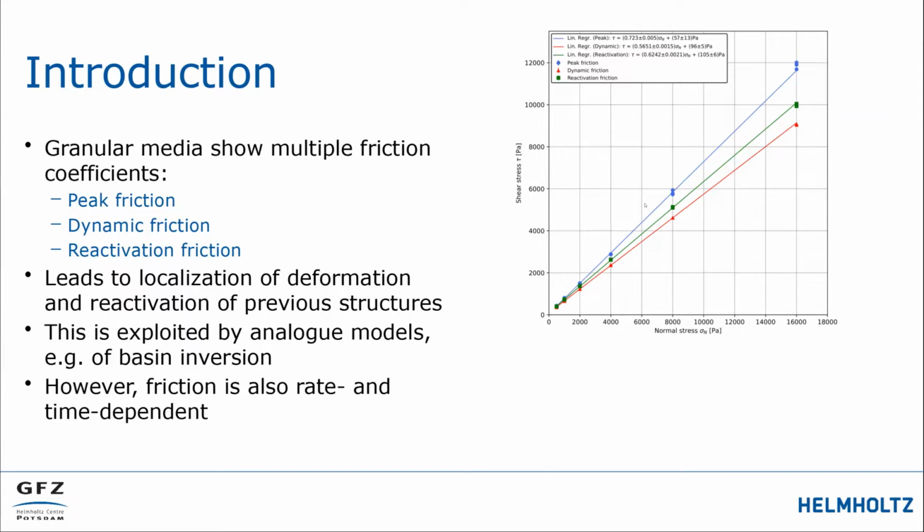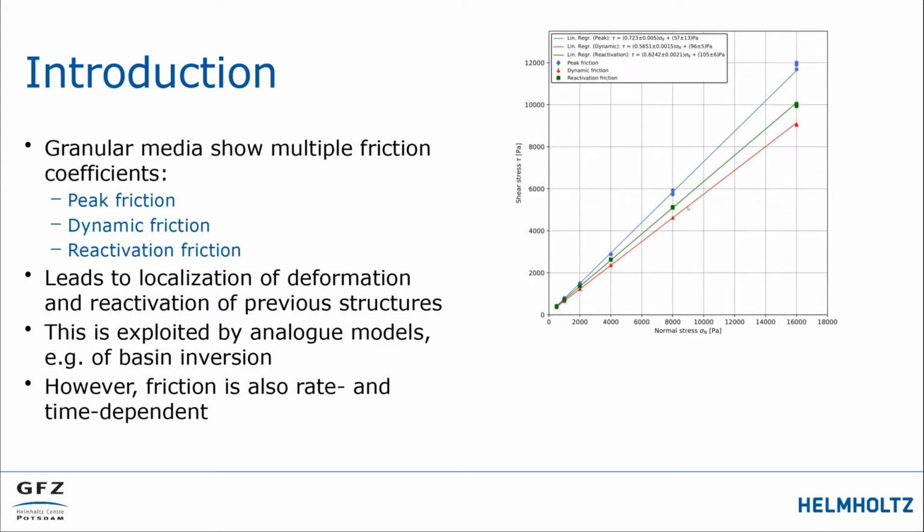In the beginning, you will measure a certain peak in stress, which you can translate into a peak friction coefficient, which is the undisturbed granular material. And over time, this stress will decay to an equilibrium value, which is valid for shear as it's happening, which we call dynamic friction here in red.